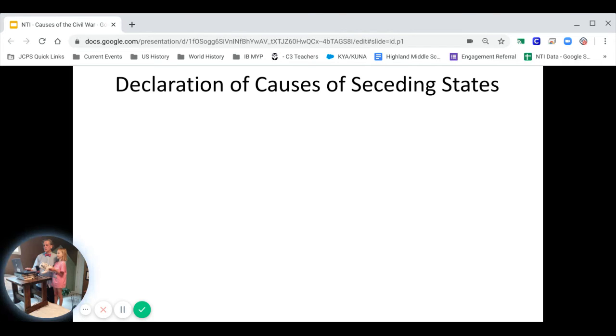Kentucky, on a side note, had a governor who was pro-slavery, but the legislature at the time was anti-slavery, so they never could formally decide to join the Union or to join the Confederacy or the South. So we were what was considered a neutral state, because we couldn't get an agreement between a pro-slavery governor and an anti-slavery legislature.